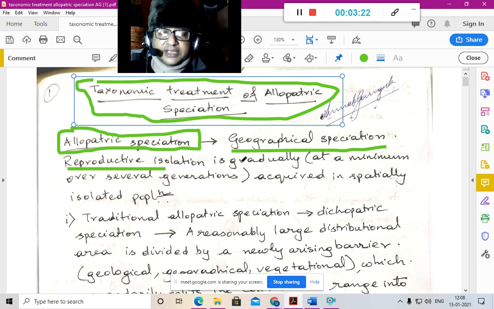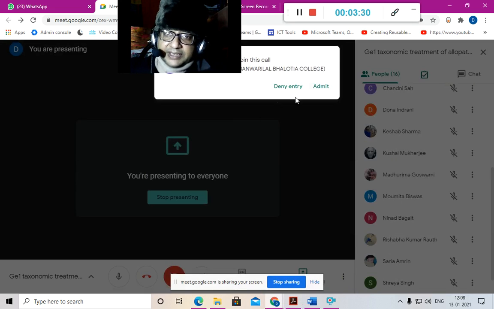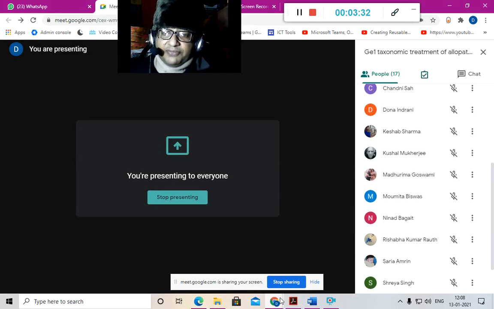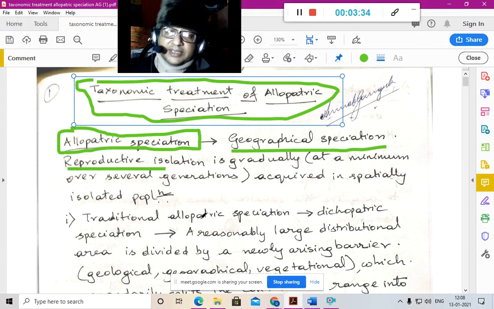After some time, when the geographical barrier is removed, you will find that the two groups have become two species from one species.